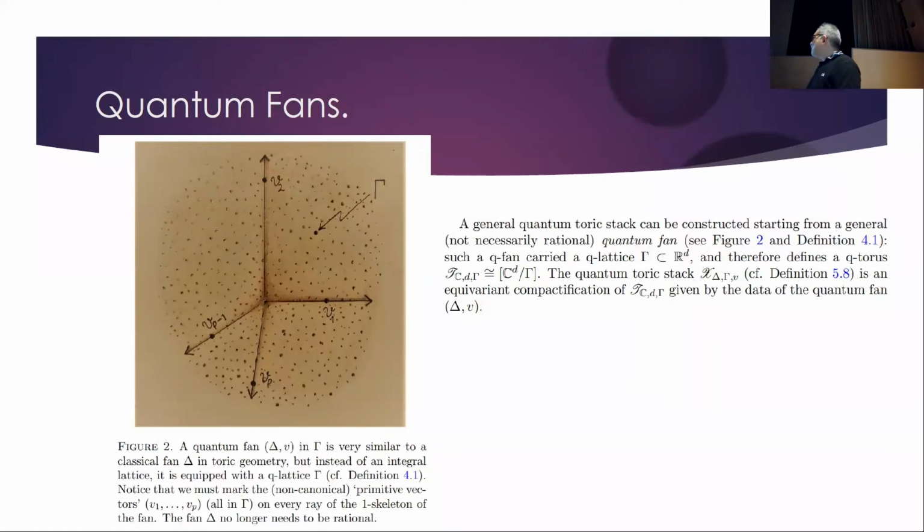A quantum fan looks like a fan, but unlike the classical fans that had these classical lattices here, a quantum fan lives on a quantum lattice. And of course, in the past, you could take the shortest primitive vector here. Now you need to mark the point.